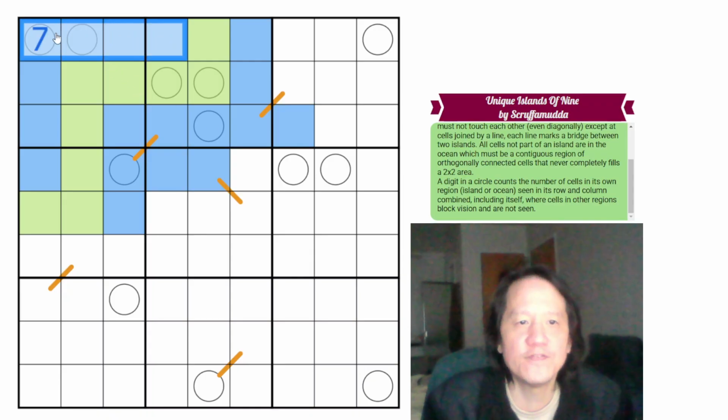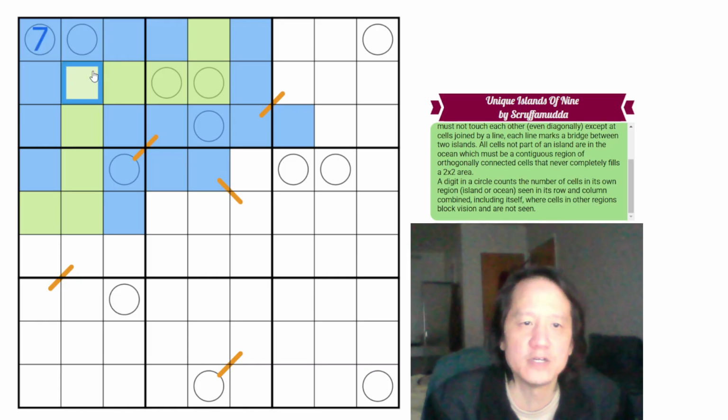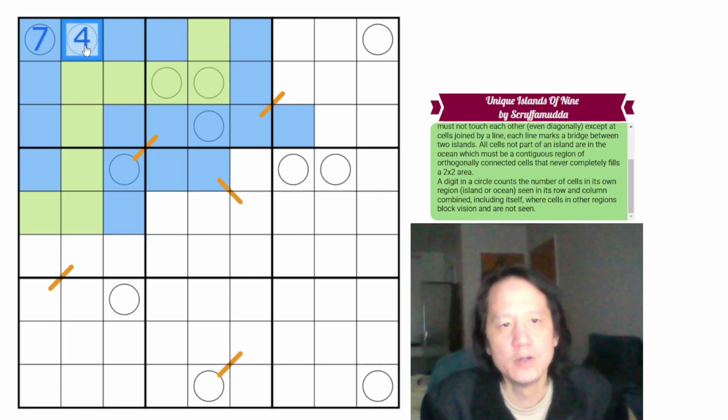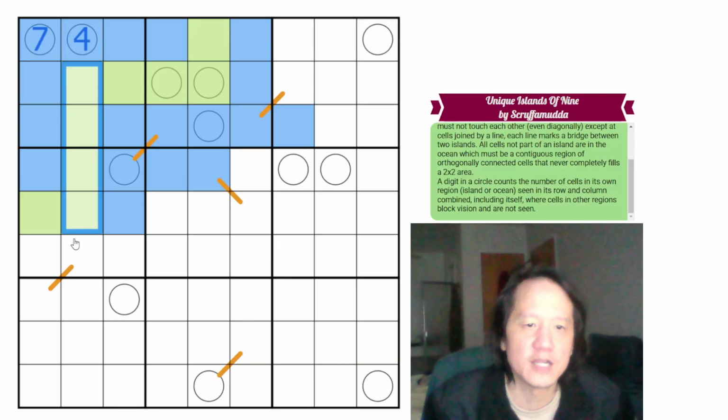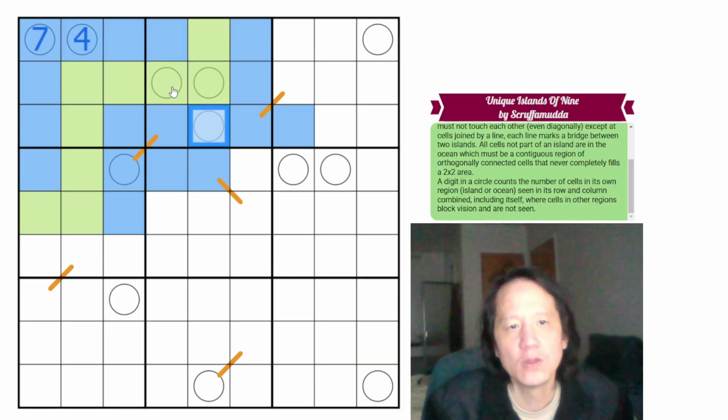This would see 4 cells which are in the same region because we're blocked by the other region, and it doesn't see cells past that. This would be specifically 4, because it would see these 4 cells, it would be blocked by this, so it cannot see any cells beyond that, and it's blocked here. It can't see any cells beyond that.